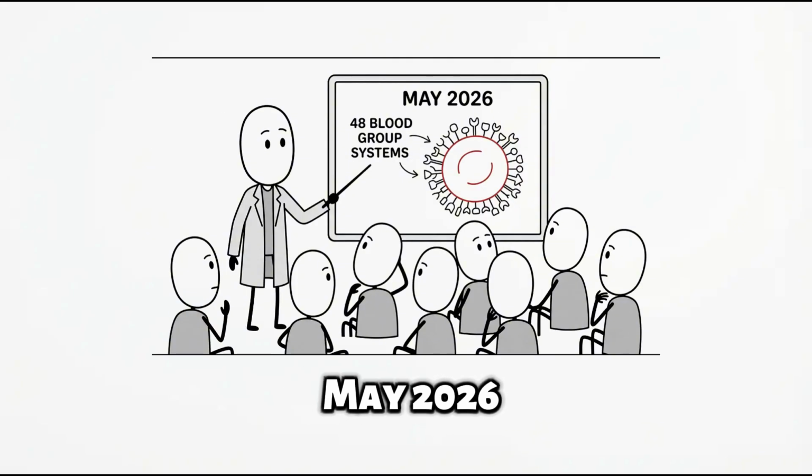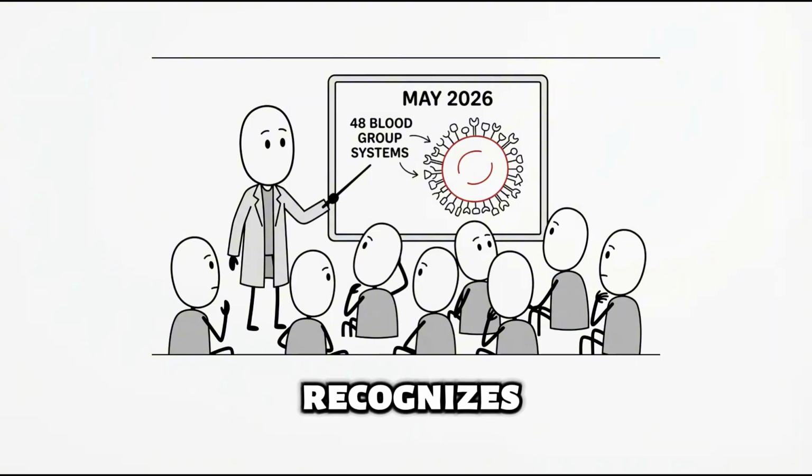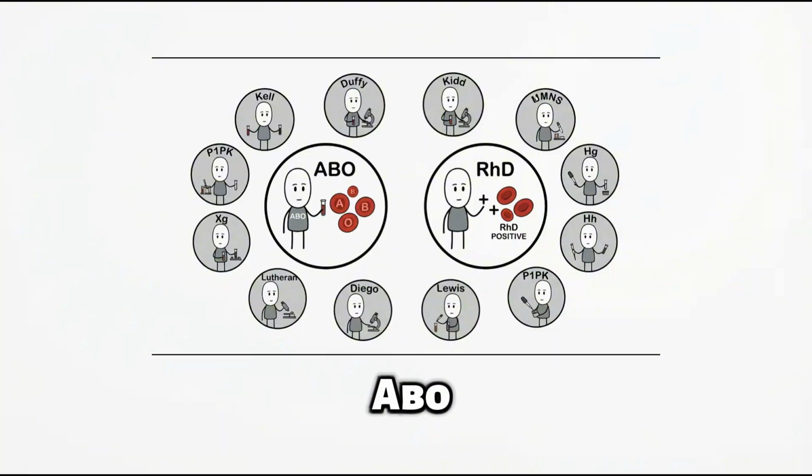As of the May 2026 update, the International Society of Blood Transfusion recognizes 48 blood group systems containing hundreds of different antigens. However, the ABO and rhesus systems remain the 2 most commonly used in routine blood testing and transfusion medicine.